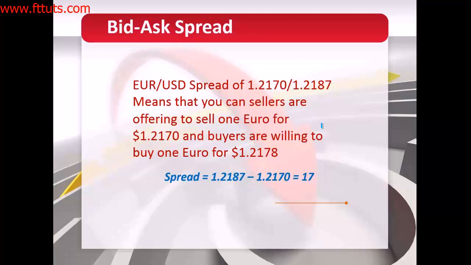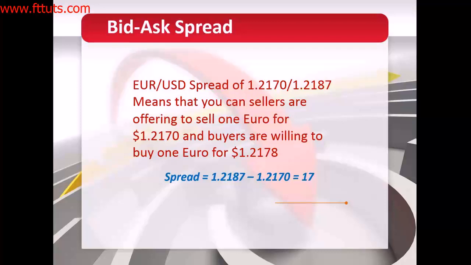There are some platforms that may take it to an additional decimal, but for most individual Forex traders, it is 4 decimals. And even though this is what the offer is, the buyers are only willing to buy at 1.2178. So there's about a 17 pip difference.